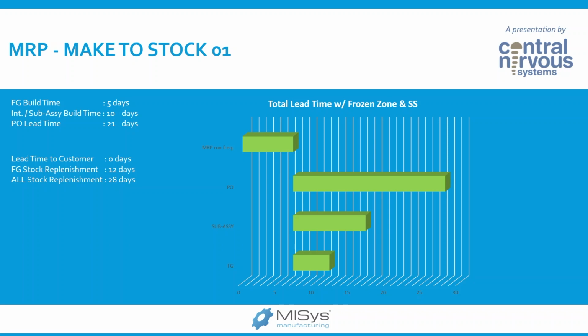If we are actually keeping a safety stock on everything, that means on finished goods, on intermediaries, and on the purchase order items as well, that would mean 0 days lead time to customer, because the moment the order comes, the sales clerk or whoever is in charge of fulfilling customer orders can see that the finished good is available in stock, and then they can ship it out.